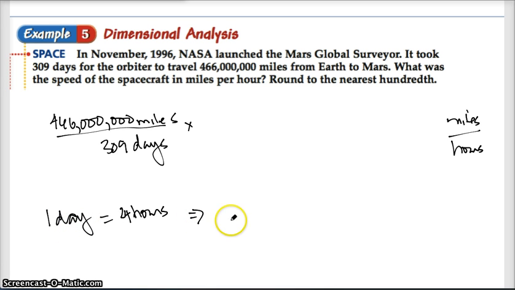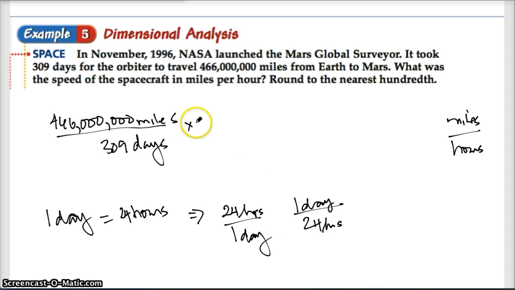I can make a unit term, meaning I can make the number 1 by either putting 24 hours on top of 1 day, or I could write it as 1 day over 24 hours. What happens here is that I create a conversion factor that will change my units to what I want.